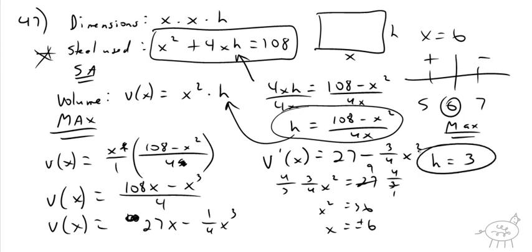Okay, and I think it's in feet, so h is 3 feet, and x is equal to 6 feet. Okay, and those are the dimensions that maximize the volume. Now, do you have to test endpoints here? No, you don't. Okay, because you can't have a zero dimension. So that's kind of nice. All right, let's do number 58.